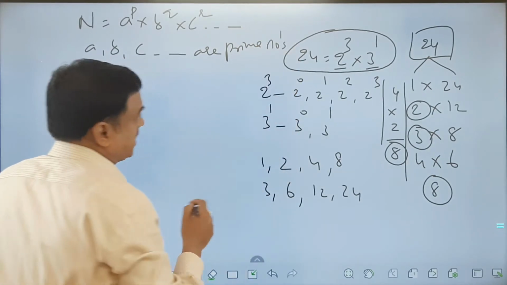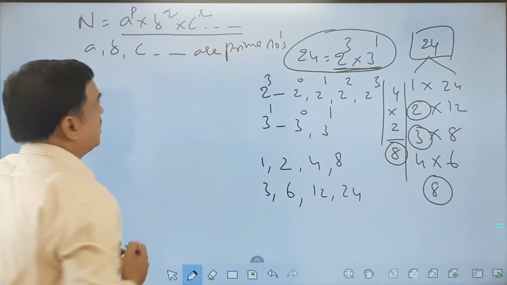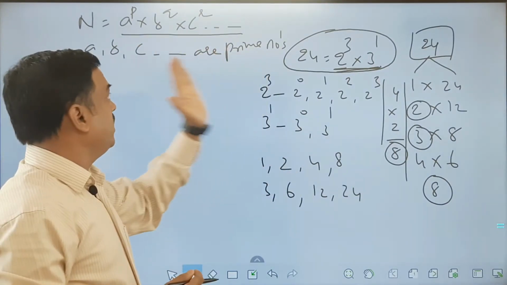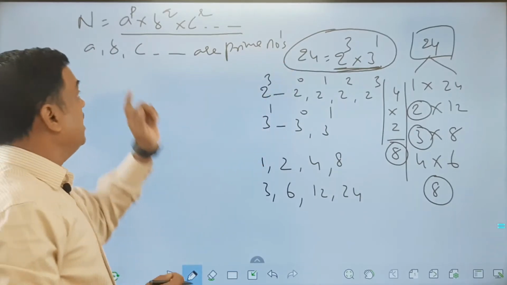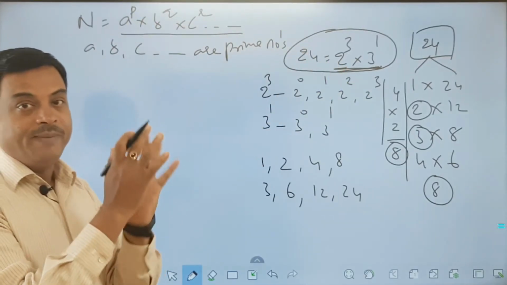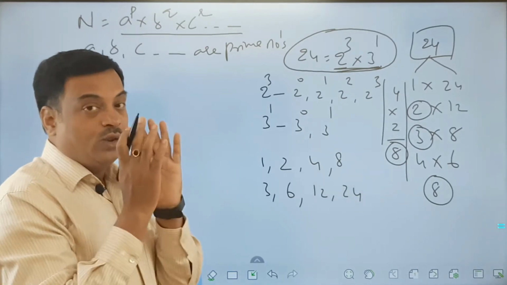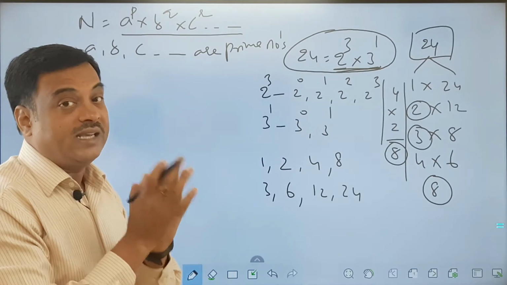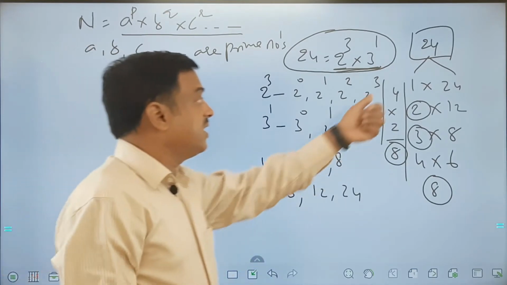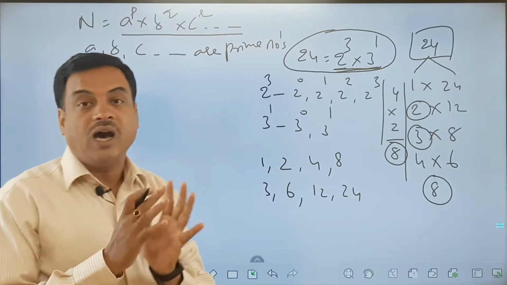You can compare with this part: in place of a we have 2, in place of b we have 3, in place of p we have 3, in place of q we have 1. So a, b, c represent prime numbers, and they are called the distinct prime factors of the given number 24. So in 24, only 2 and 3 are prime numbers.